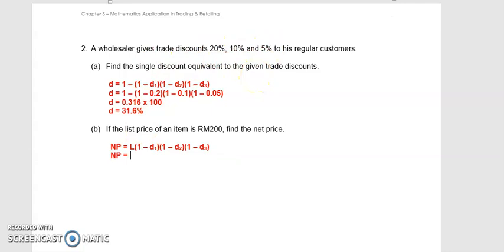Okay, substitute list price 200. So 1 minus 0.2 multiplied by 1 minus 0.1 multiplied by 1 minus 0.05.